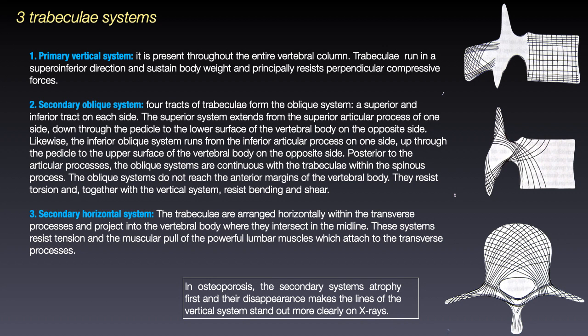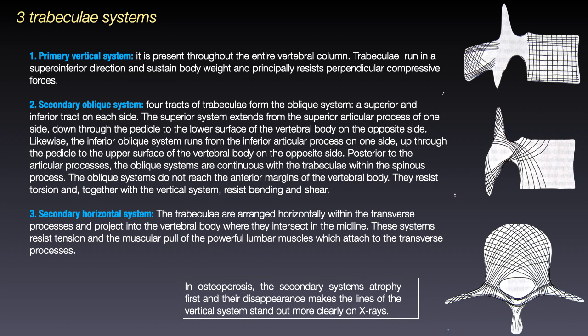And finally, we have the secondary horizontal system that resists tension produced by the powerful lumbar muscles that attach to the transverse processes of the vertebra. If we put all these bone lines together, the result is a net that resists all the different forces that may affect the vertebra.